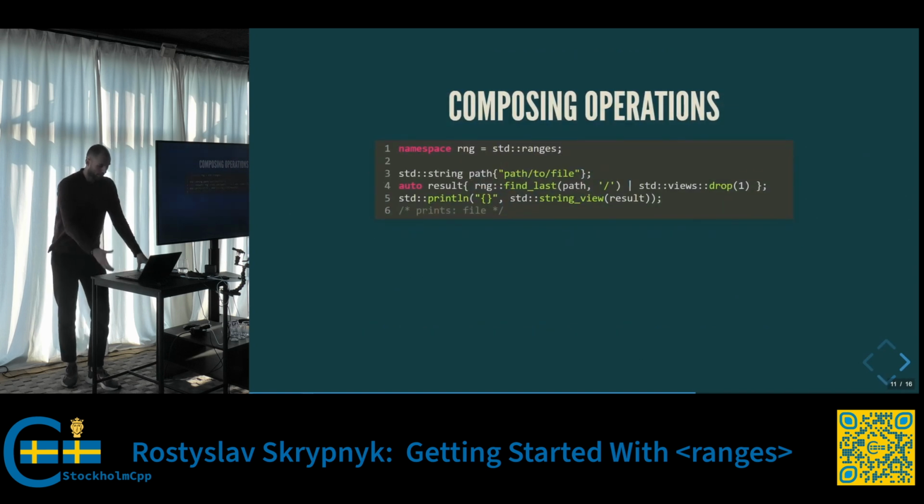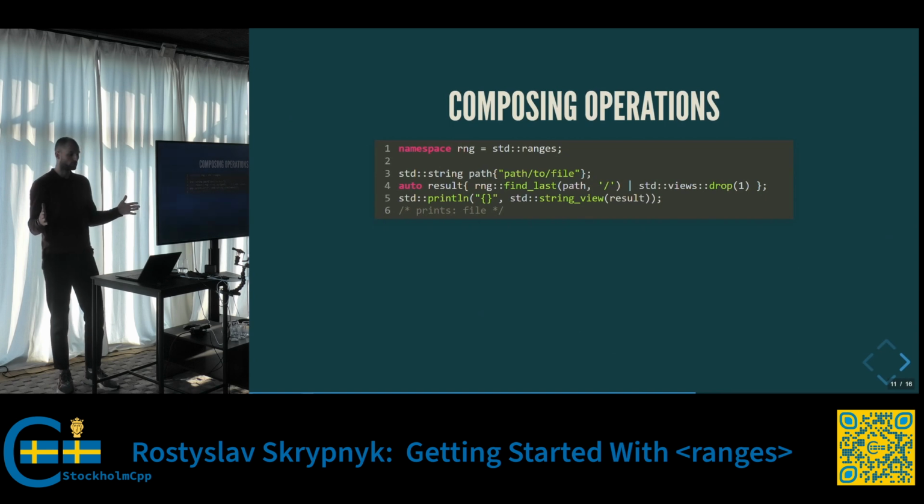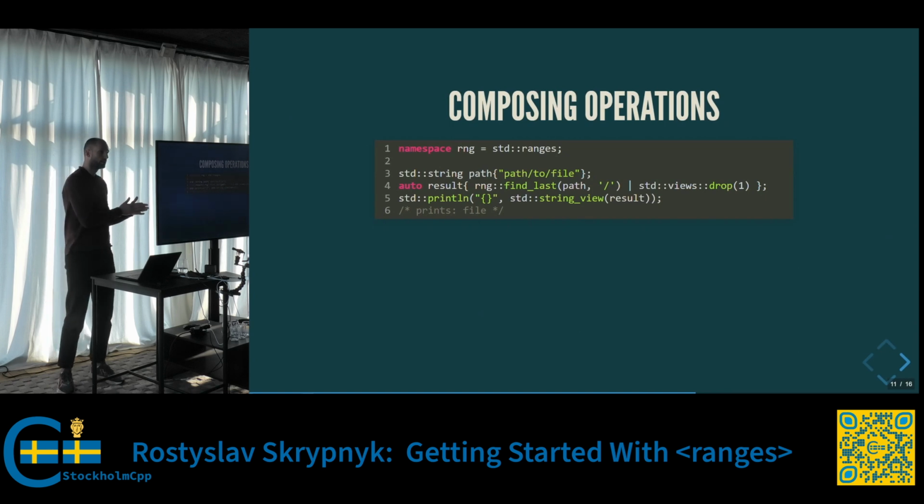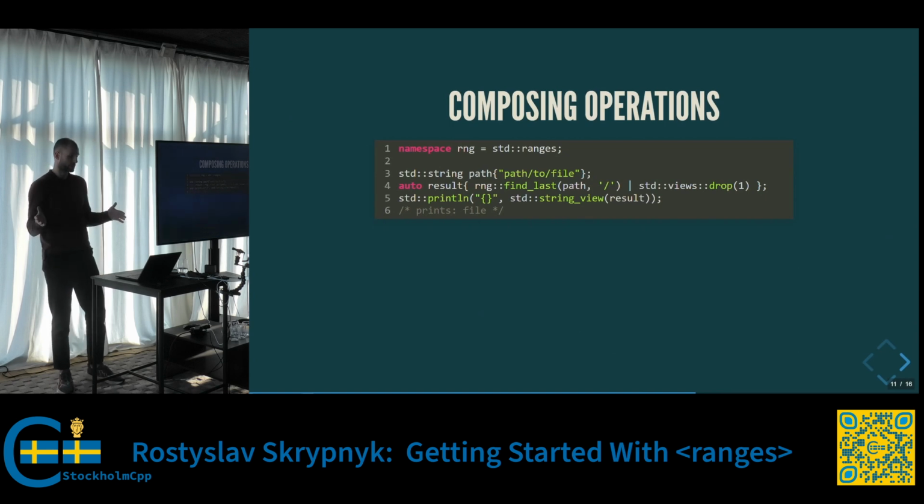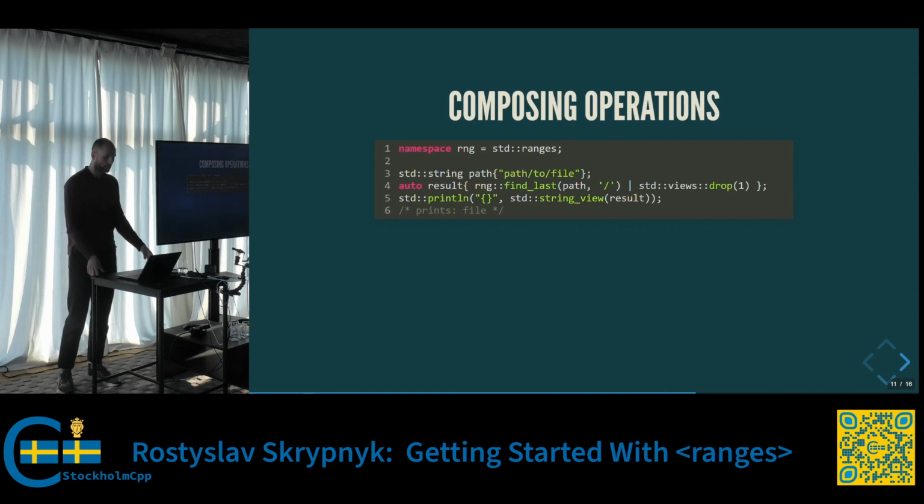So this composing the operations business. So let's say you have a string that represents a path, and you want to extract the last part of it after the last slash. So the ranges introduced a new algorithm called find_last.